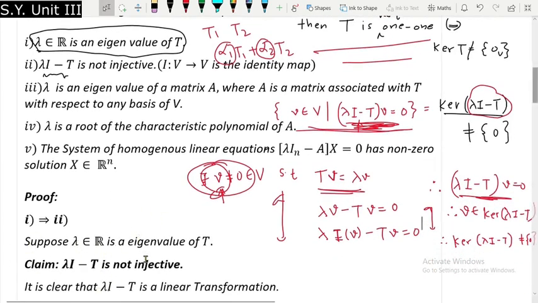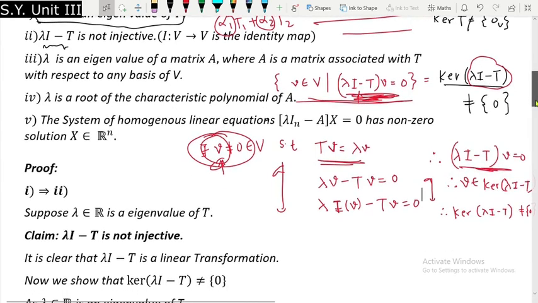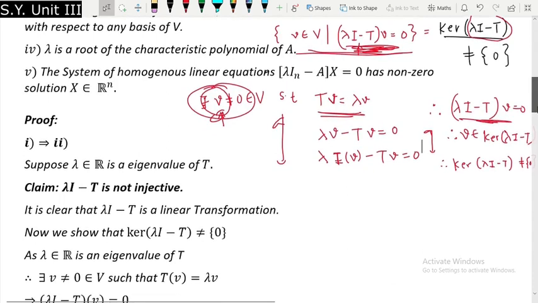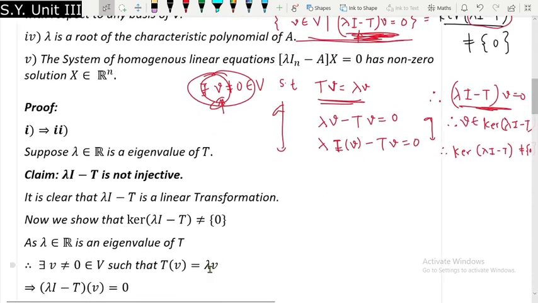So I have assumed that lambda belonging to R is an eigenvalue of T. We have to prove this: lambda I minus T is not injective. It is clear that lambda I minus T is a linear transformation. As I have told you, whenever you have linear transformations, the linear combination is a linear transformation. So directly I will say, as this lambda is an eigenvalue of T, there will exist V not equal to 0 belonging to V satisfying this property, T of V is equal to lambda V, as I told you, and by doing some algebraic calculations you will get this.